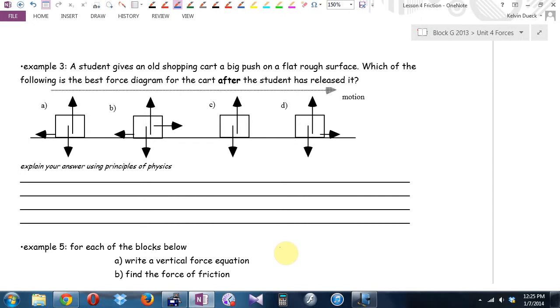Okay? So there are 4 free body diagrams. And again, we're talking about right then. Are you ready? Who says A is the correct one? 1, 2, 3, 4, 5.